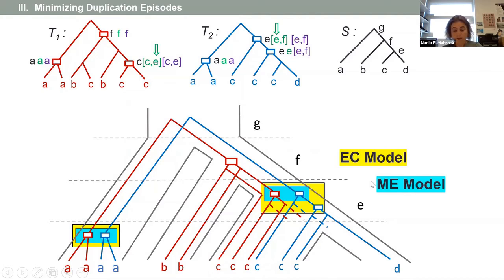While the minimum episode model leads to 3 duplication episodes. So this would not cluster. In this case, this duplication is not clustered with its father here. So it gives 3 episodes of duplication, this one, and this one.